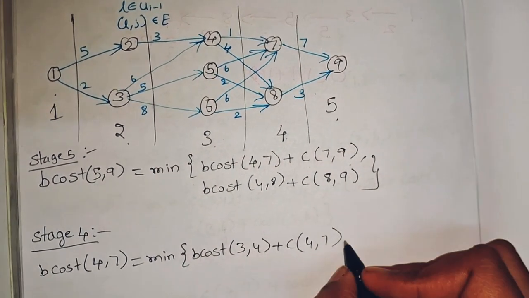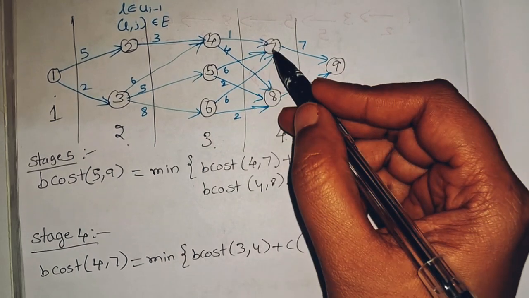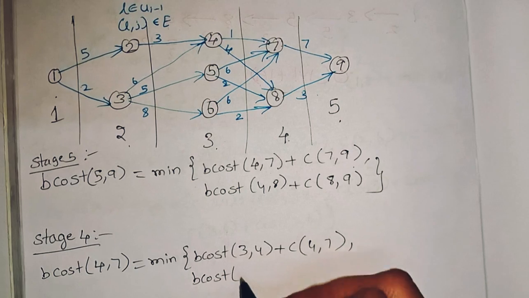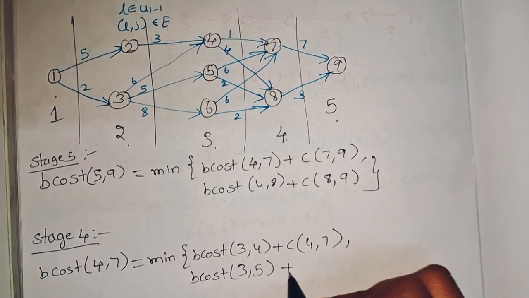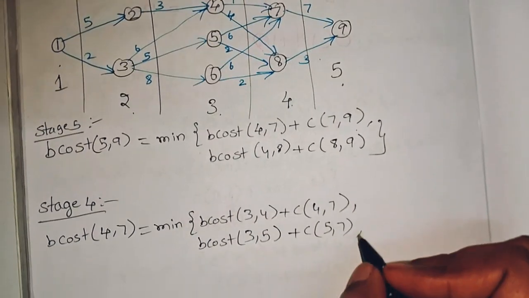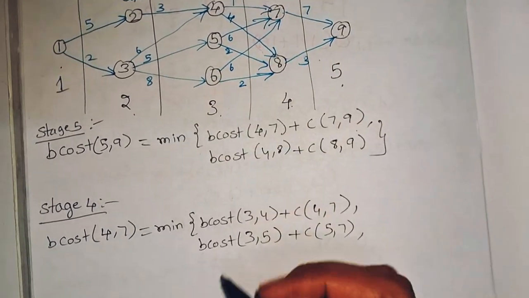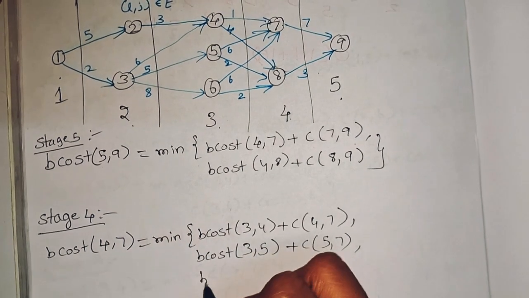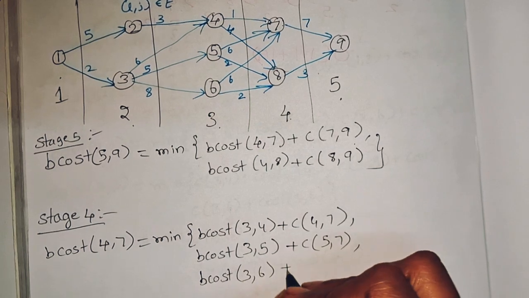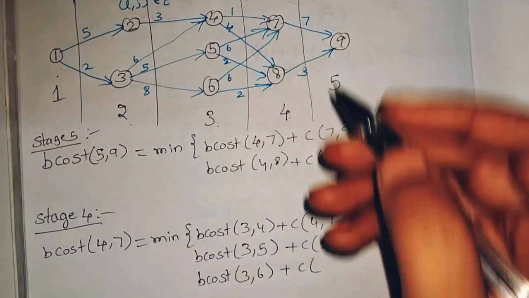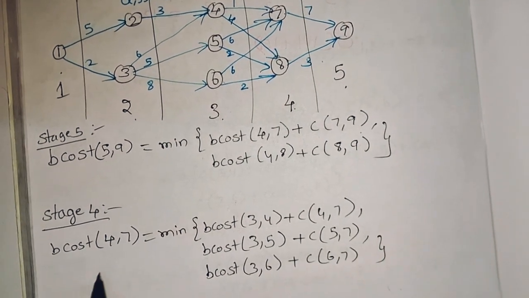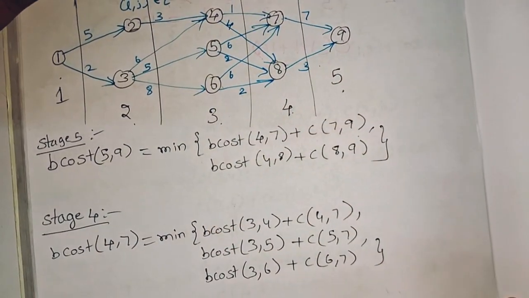Next, b cost of 3 comma 5 plus c of 5 comma 7. And the next node connected to 7 is 6. We are going backward, right? So b cost of 3 comma 6 plus c of 6 comma 7. This is the b cost of 4 comma 7.